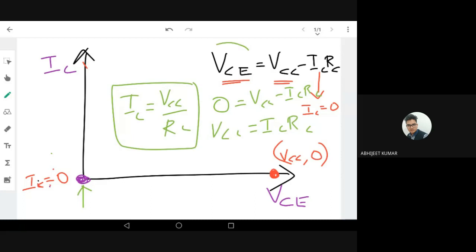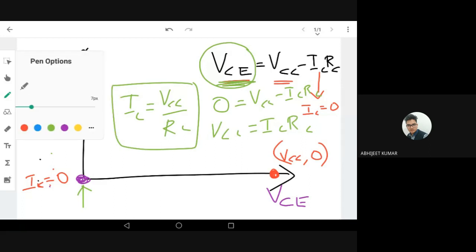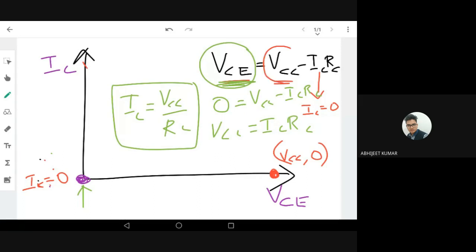You can see from the equation, the maximum possible IC comes when VCE is zero, because the IC equation is VCC minus VCE divided by RC. In this equation, we are not changing the VCC because we are keeping it fixed. In a circuit, VCC is fixed based on the technology, the power supply available, or the designer constraint. So we are not going to change VCC and RC right now.